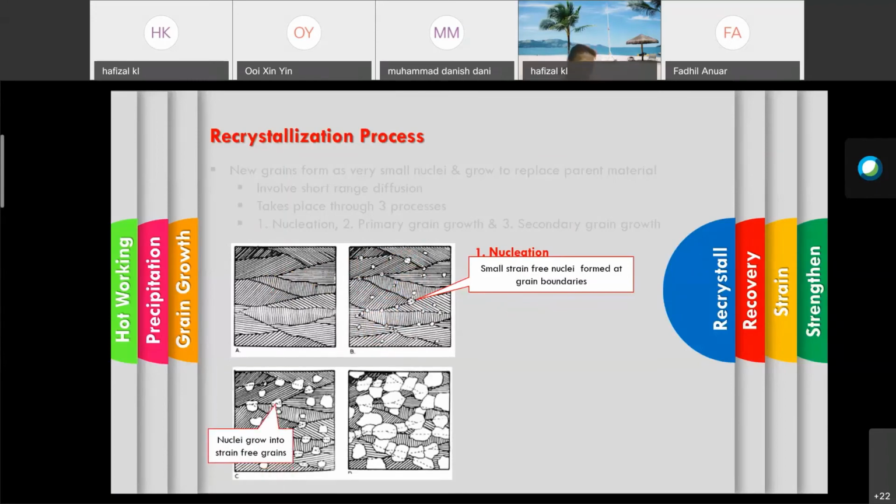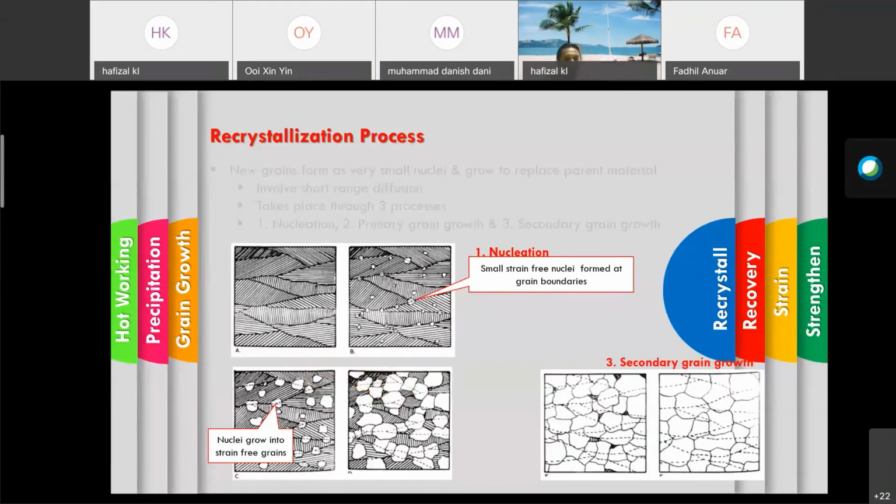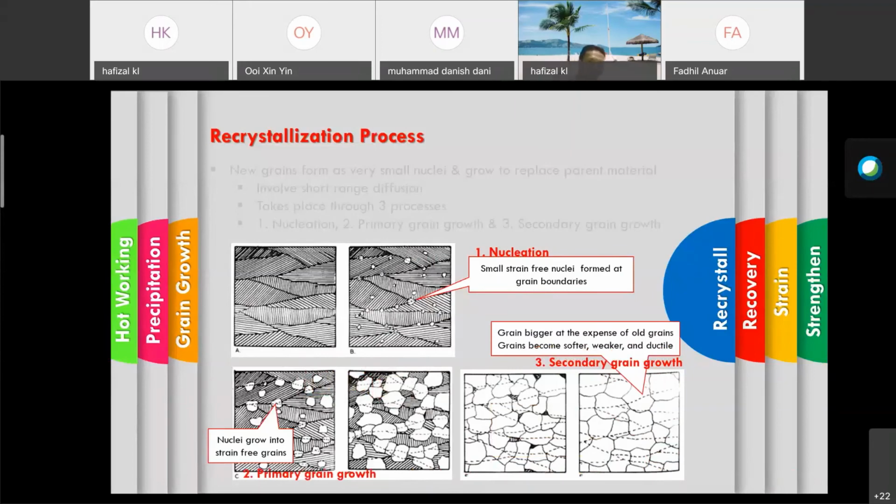As you can see, until a certain level, the white dot color starts to get bigger, whereby the nuclei grow into strain-free grains, and finally it gets bigger and eliminates the whole old grain boundary. As you can see here, finally it will produce something like this. So the new grains are bigger at the expense of the old grains.